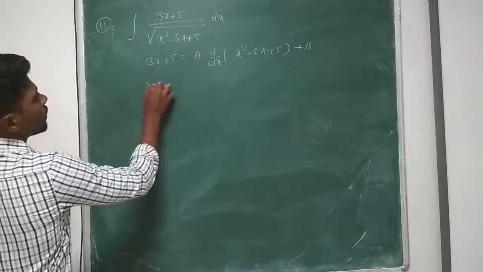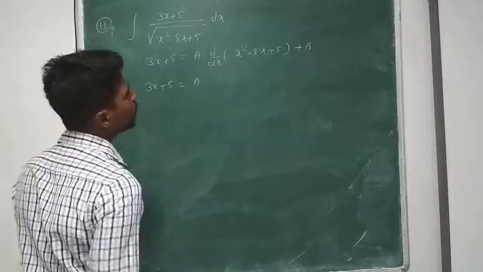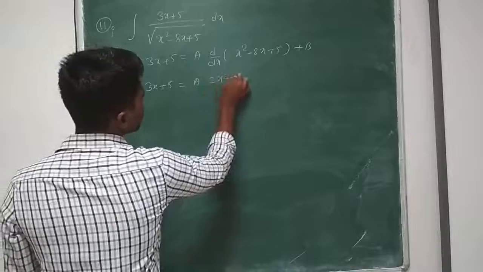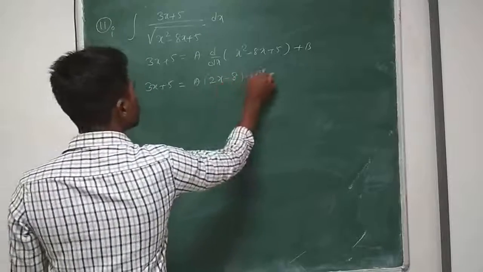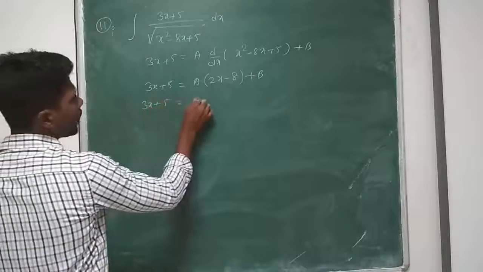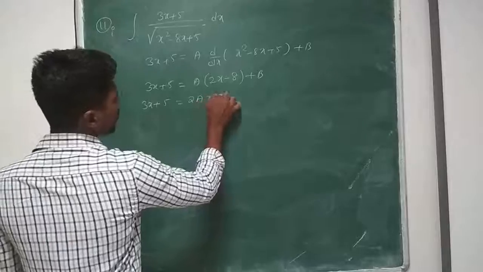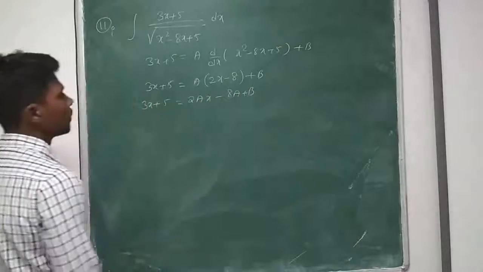Now 3x plus 5 is equal to a into x square derivative 2x minus 8x derivative 8, constant is 0, plus b. Now 3x plus 5 equal to 2ax minus 8a plus b.